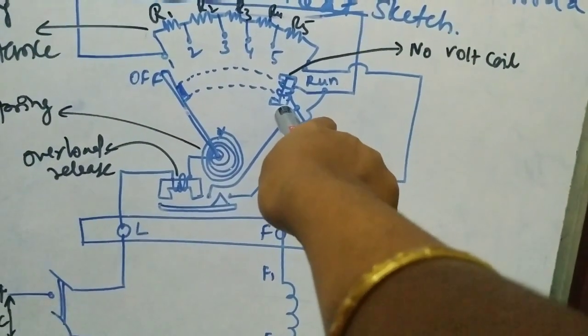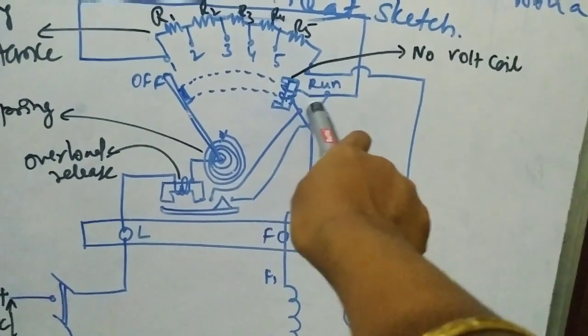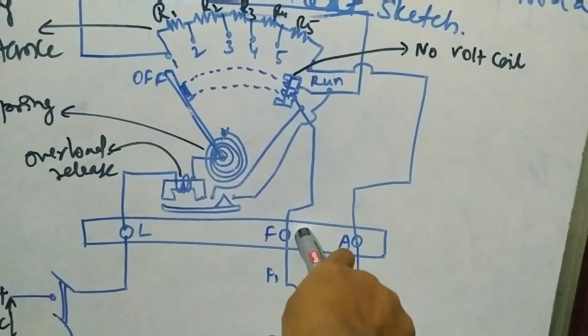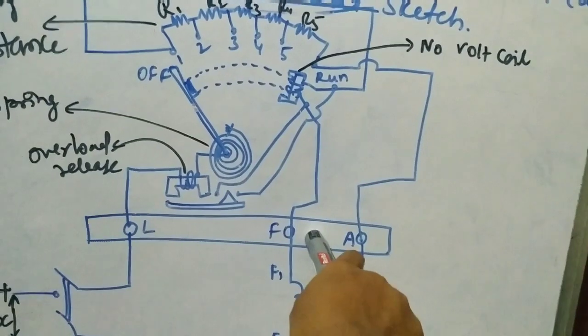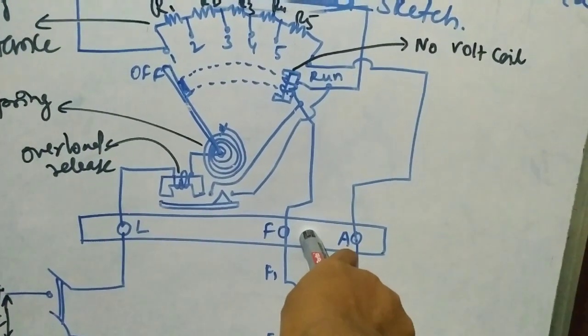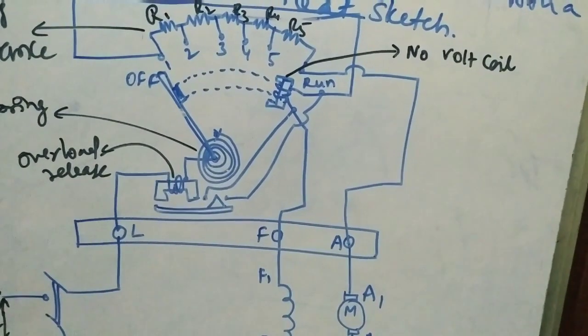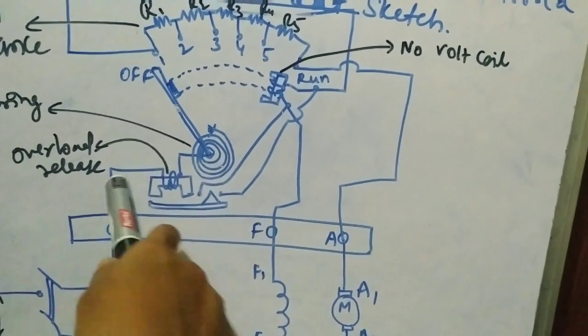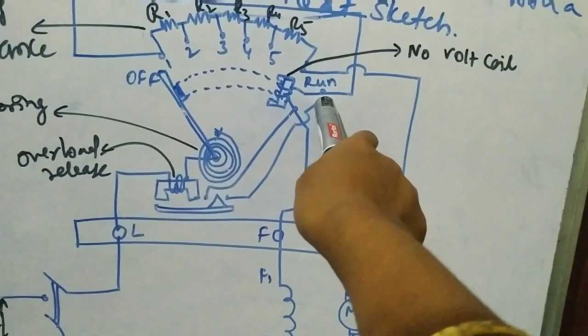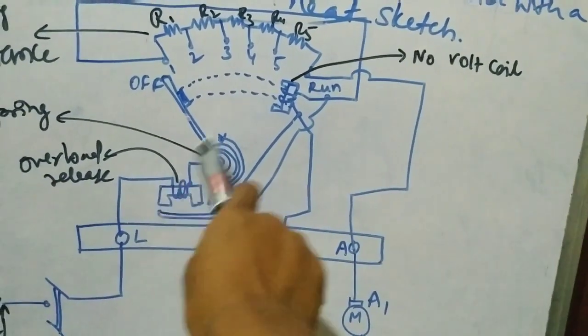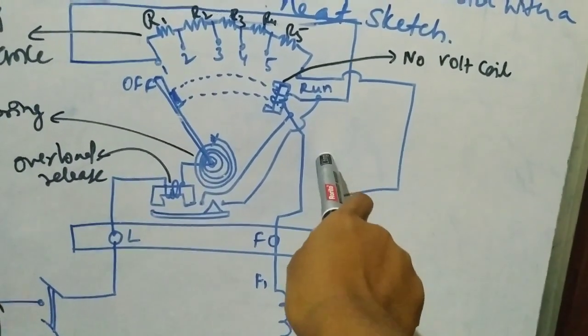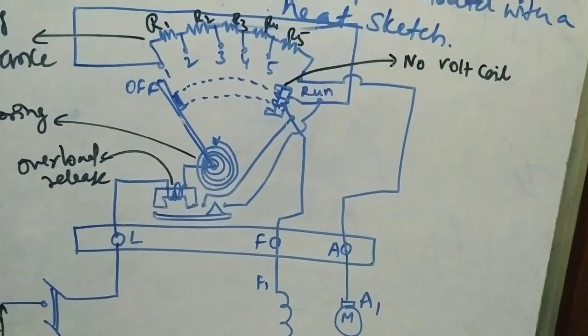The NVC is further connected to terminal F. The starting resistance is entirely in series with the armature, and the OLR and the NVC are the two protecting devices of the starter.